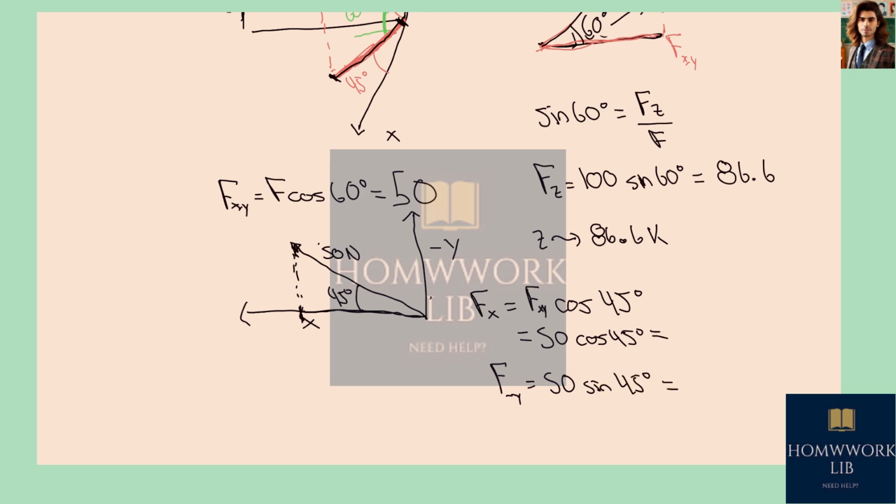The results that we get are 35.35, well, 35.355, that rounds up to 35.4. The same thing here on the minus y direction. Remember here, let's emphasize that this is the minus y direction.